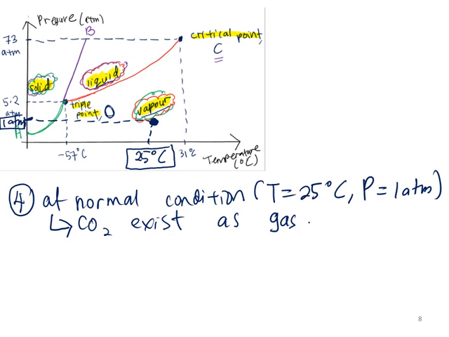Baru dapat markah. Mesti tarik 1 atm, extrapolate until intercept with the 25 degree Celsius. Inilah normal condition dia. Nak label boleh, tak label pun tak apa. Kalau saya label sini, normal condition. So, CO2 exists as gas. Macam tu pun boleh, tak ada masalah. Okay? Tu point yang keempat.